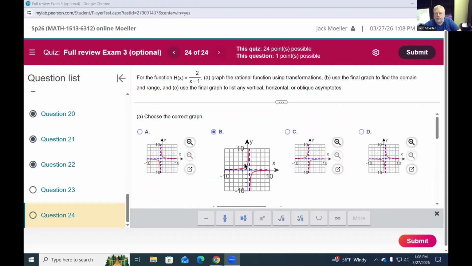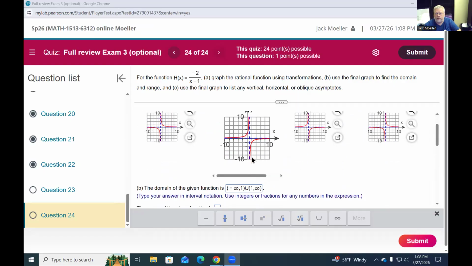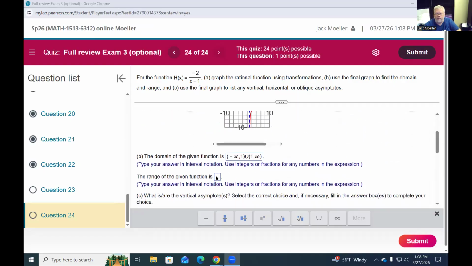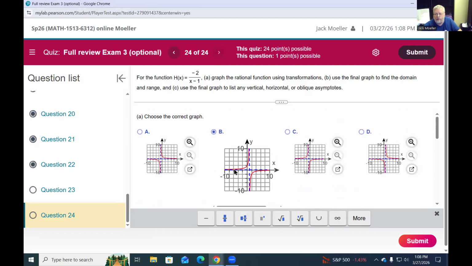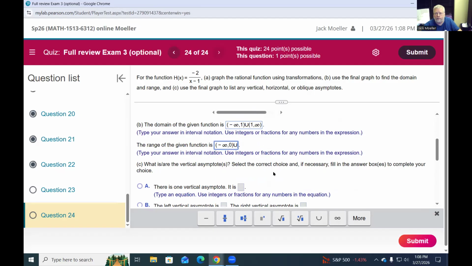So the range of the bottom half is negative infinity up to 0, not including 0. And then the range of the top half starts at 0 and goes up to positive infinity.